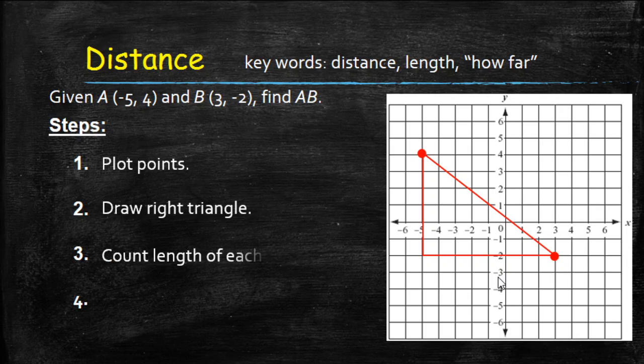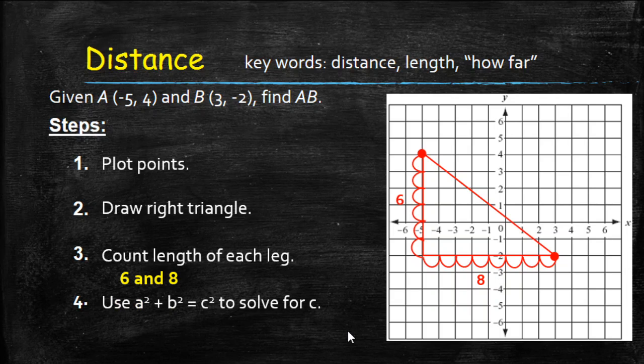From there, I can use my Pythagorean theorem, but I need to count the length of each leg first. So I count 1, 2, 3, 4, 5, 6, and 1, 2, 3, 4, 5, 6, 7, 8. So 6 and 8 are the lengths of each leg here. Then I can use my Pythagorean theorem, a squared plus b squared equals c squared, to solve for c. Opposite our box, our right angle, is c.